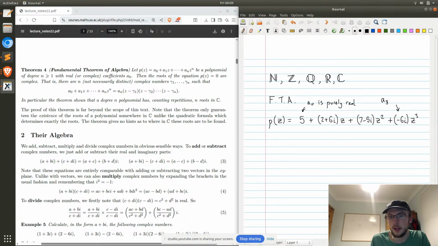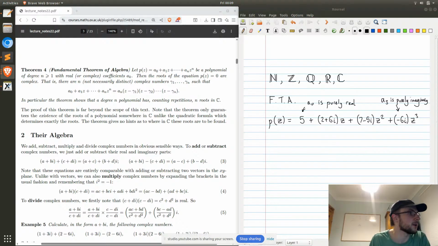So a3 is purely imaginary. And I could also then put in plus z to the 5. In that case, it doesn't have a z to the 4 term, and the coefficient of that would just be 0. Is 0 purely real, purely imaginary? I don't know, but I think people would just say purely real.